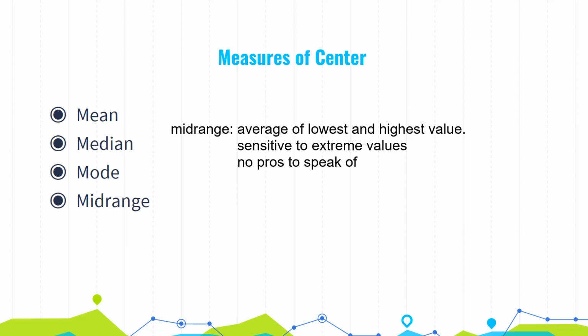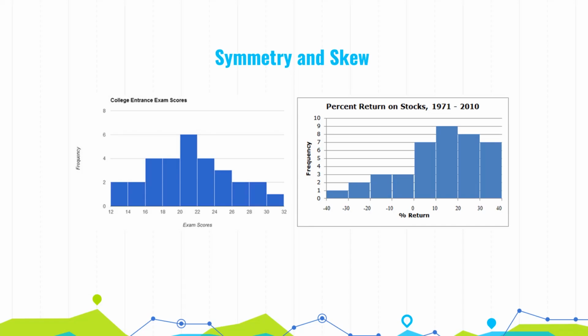The average of those two numbers gives you the mid-range. Mid-range is just as sensitive to extreme values. I don't really know what the pros are. Once upon a time, people didn't have computers, and so calculating the mean was time intensive. So the mid-range was a quick center to calculate. But nowadays, there's no real benefit to using the mid-range.